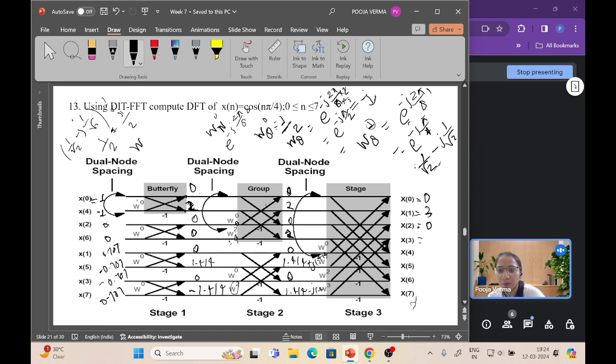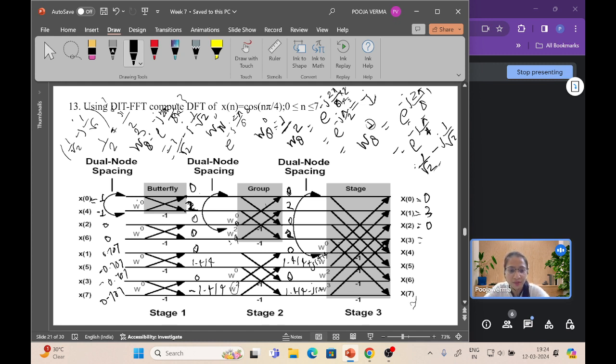What is the value of W83? E to the power minus j 2 pi by 8 multiplied by 3. So 3 pi by 4. What will be the value? So here we will get minus 1 by root 2 minus j 1 by root 2. Okay. E to the power minus j 3 pi by 4 value is minus 1 by root 2 minus j 1 by root 2. You can find it out also by yourself.